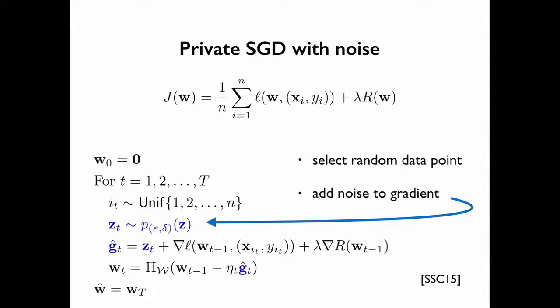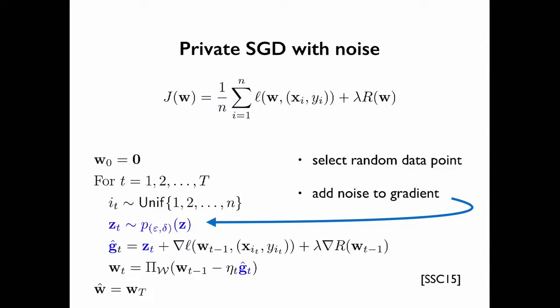If you wanted to guarantee epsilon-delta differential privacy, you could add IID Gaussian noise, or if you wanted epsilon differential privacy, you could generate noise whose density scales exponentially with the norm, a vector analog of the Laplace distribution.